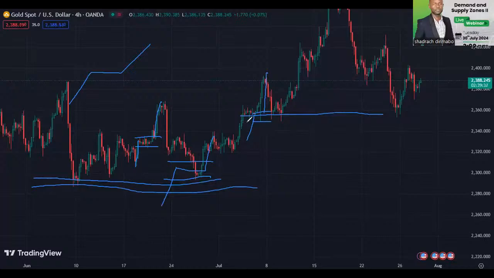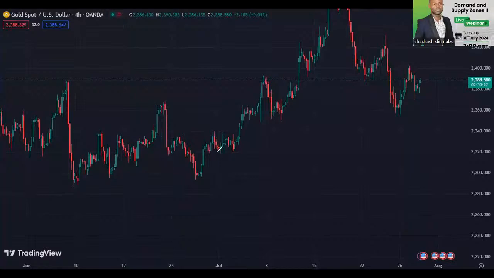When I'm doing my zoning, it is the base points we zone. So that is the basic formations for demand zones.